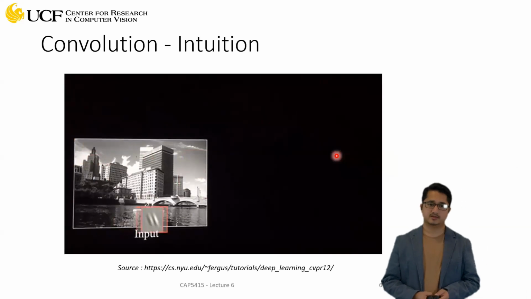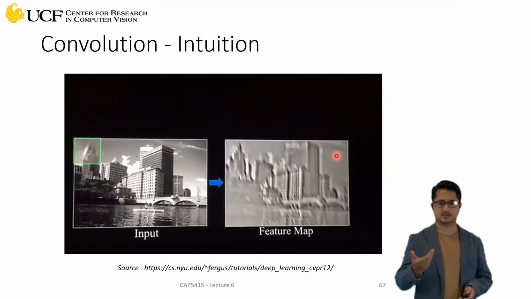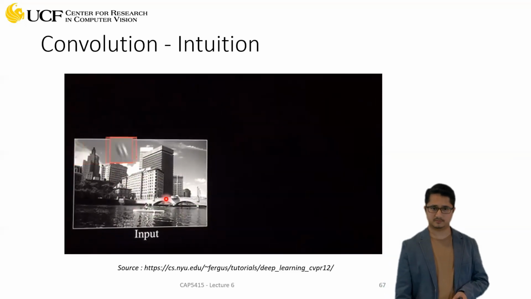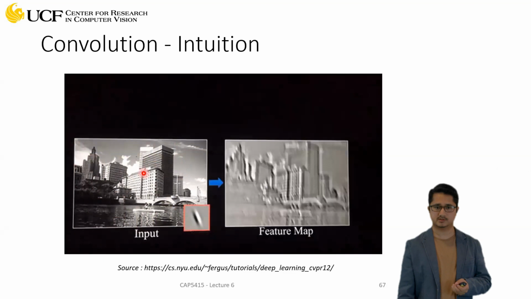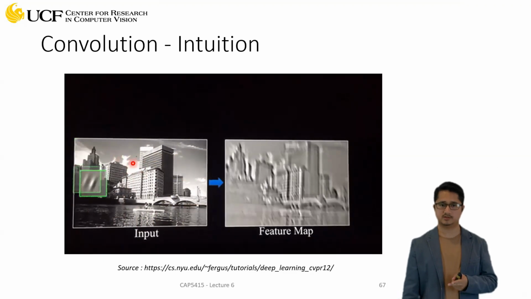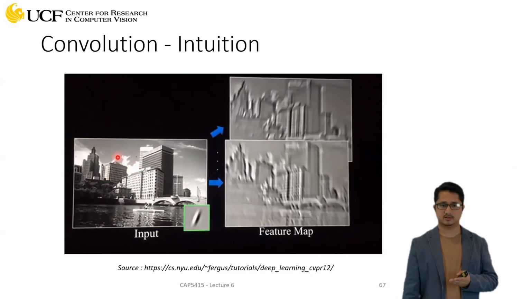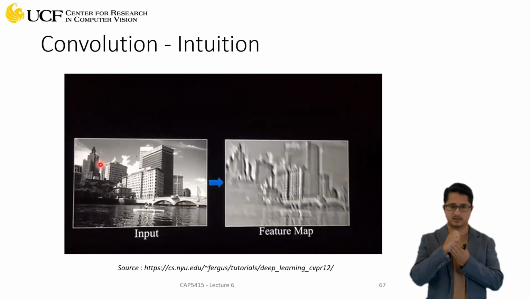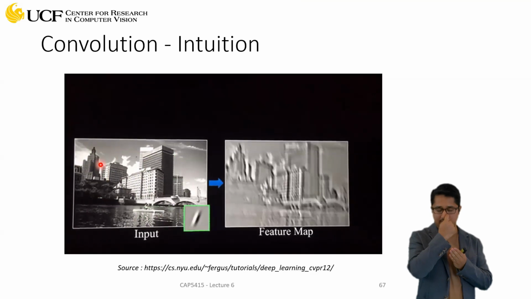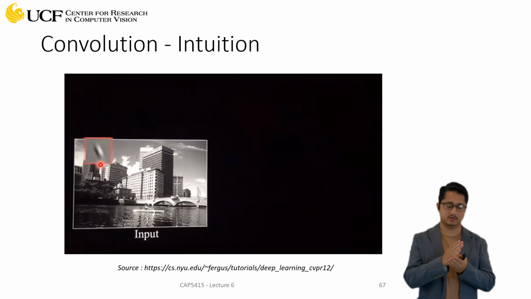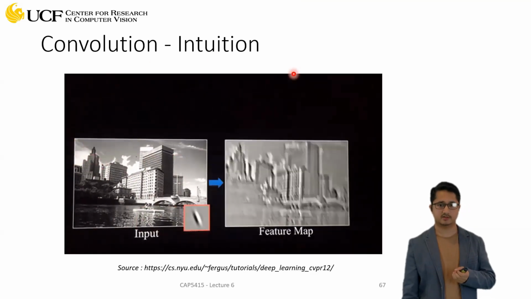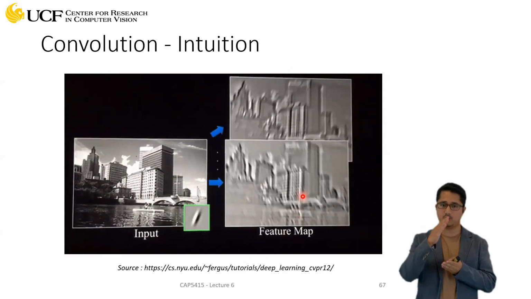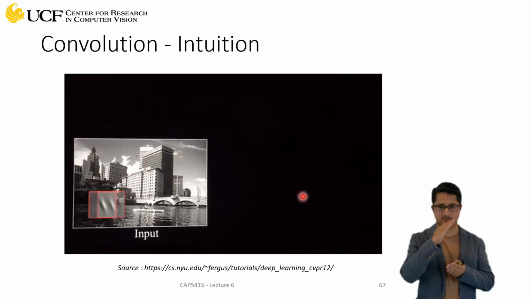So let's try to see that using a simple example. And again, this is something we have seen in edge detection. You will have your input image, and you will have a different set of kernels. In this case, I'm showing you 2 different kernels. The first kernel is, let's see, the red one, which is an edge slanting towards left. So if we use that filter to convolve the input image, you can see you will get a feature map something like this, which is trying to find all the edges which are in this direction.